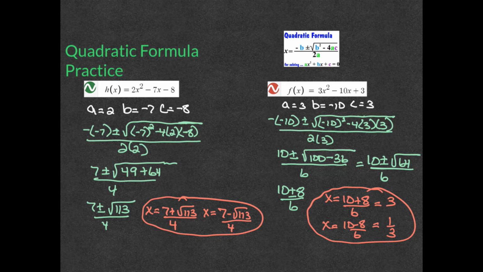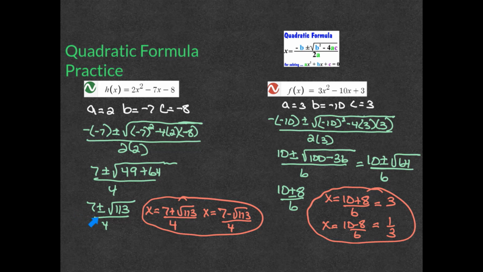So this will show you the 2 different problems that I selected for you to practice. You will notice that up here, I put the A, B, and C. And as I go down, I'm just plugging things in, but you'll notice I also am over parenthesizing to make sure that I get all of the negatives taken care of and multiplied correctly. So I get down here to 7 plus or minus the square root of 49 plus 64.